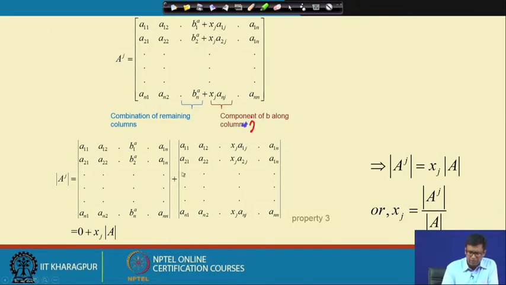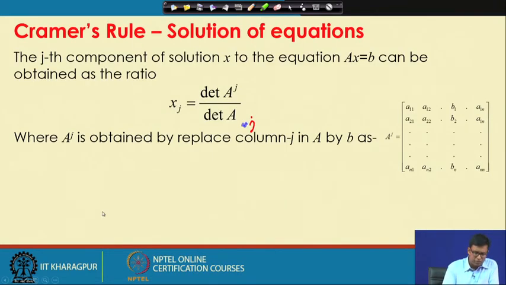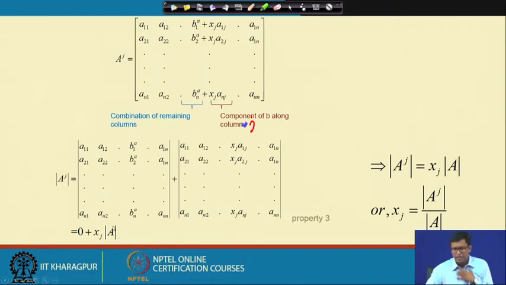So, we can take xj out of it, and this will be nothing but the original matrix A. So, the determinant of Aj, which is the jth column replaced by B, will be 0 plus xj into determinant of A. So, determinant of Aj is xj into determinant of A. Therefore, xj will come out as determinant of Aj divided by determinant of A, and we can do it for column 1, column 2, column 3 up to column n, and get the different values of x1, x2 up to xn.